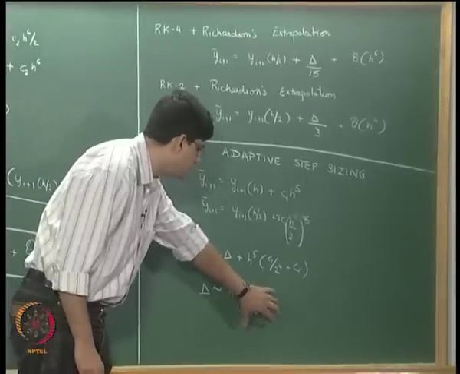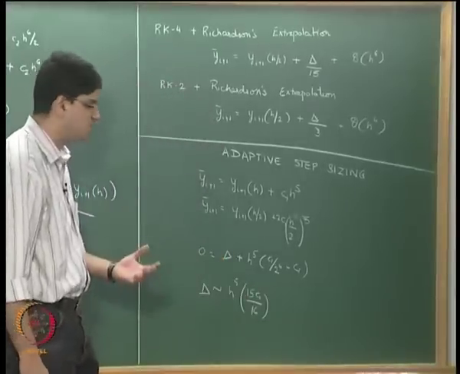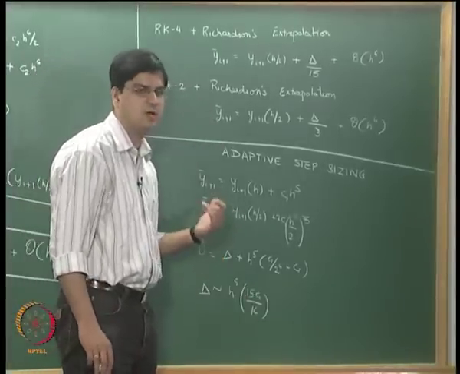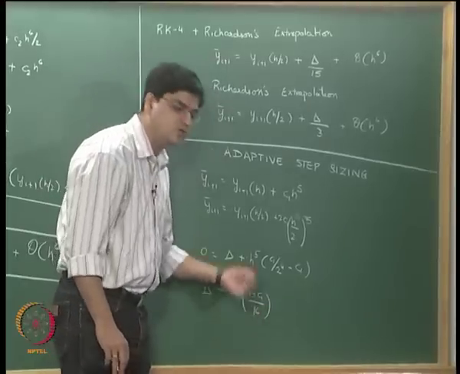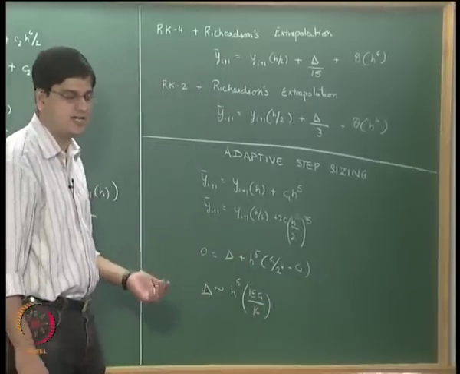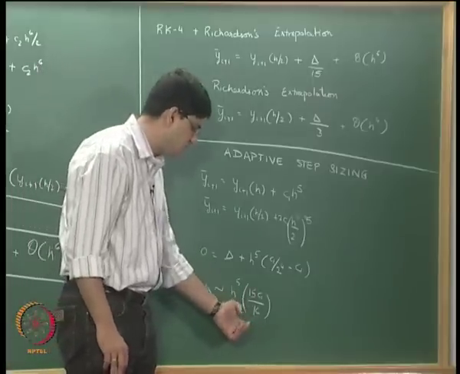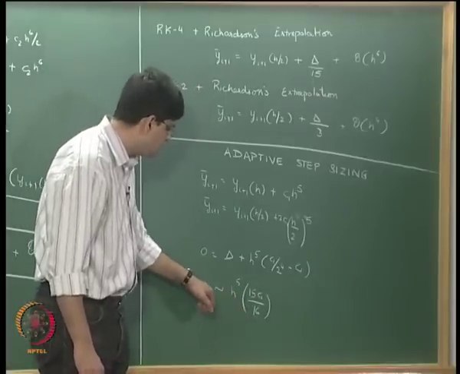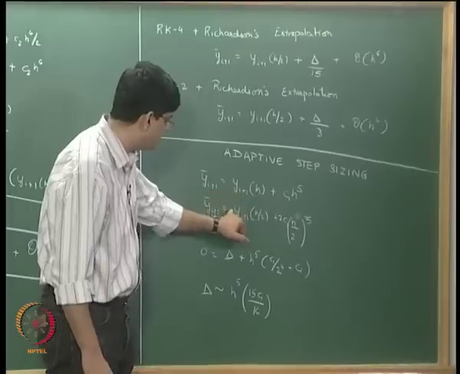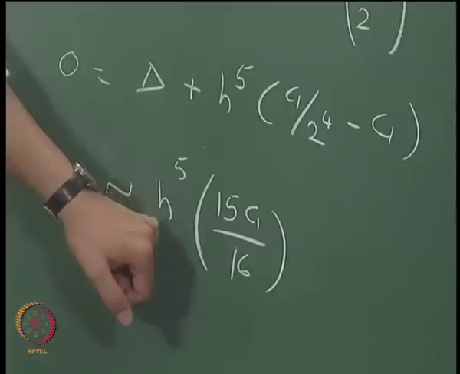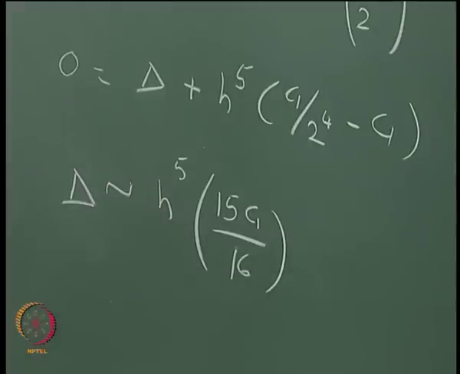This constant depends essentially on y_i and y_{i+1} based on the mean value theorem, and we will not have an exact estimate unless the true solution is known. But what this says is that delta, the difference between these two values, is proportional to h to the power 5.